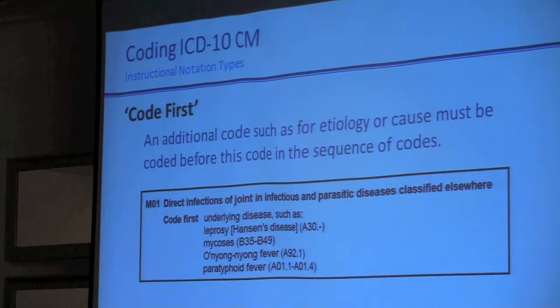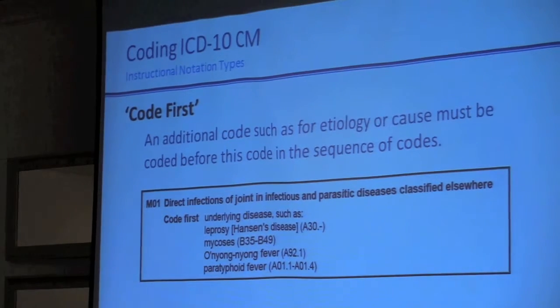So sequencing is important, really important in the hospital, not quite as important elsewhere. The rules for sequencing are relatively straightforward. It's the exceptions that get you, right? But the general rule is, if at the conclusion of treatment, that was the primary reason the patient was treated, then that's coded primary.